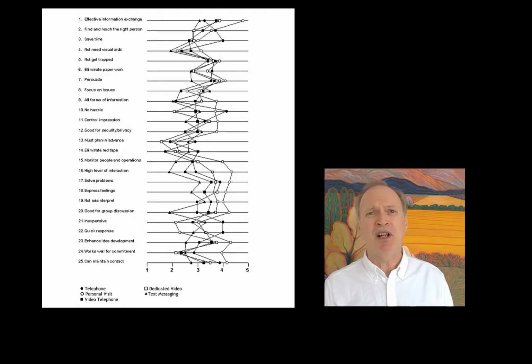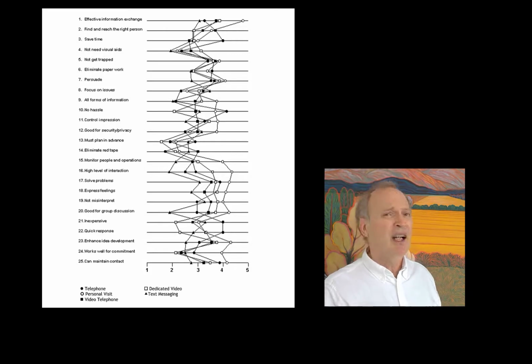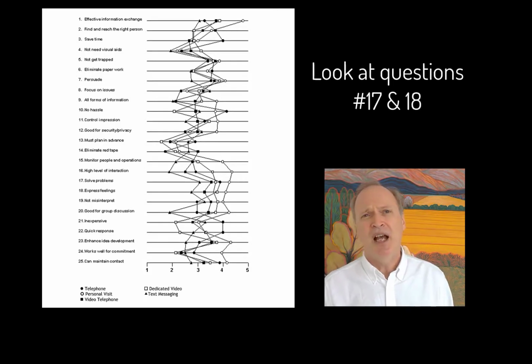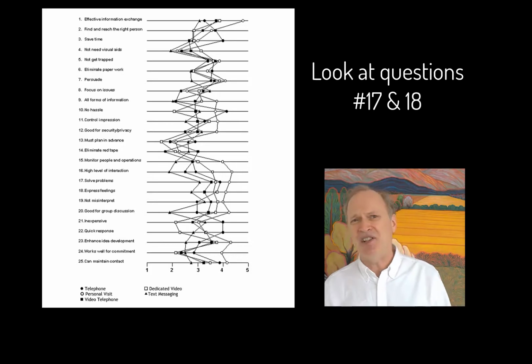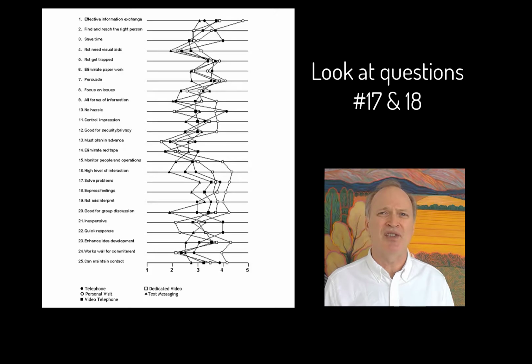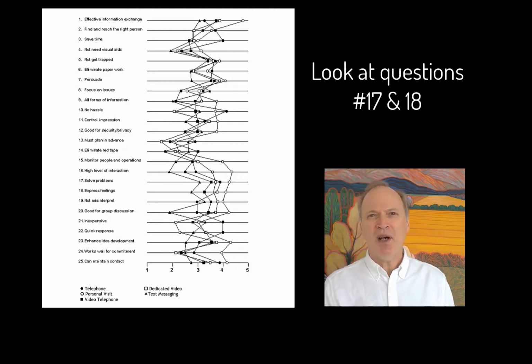It was competing against a number of other technologies like text messaging, dedicated video systems, etc. And you'll notice that some of these questions are highly correlated to each other. Just take a glance at question 16, 17, and 18, and you'll notice that people tended to answer those questions in roughly the same way. They follow generally the same pattern. Well, if that's true, then maybe those questions are redundant with each other.